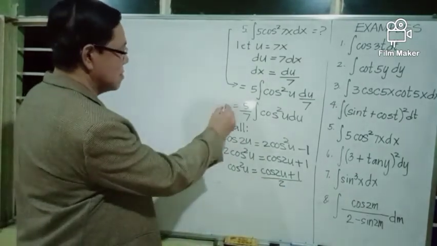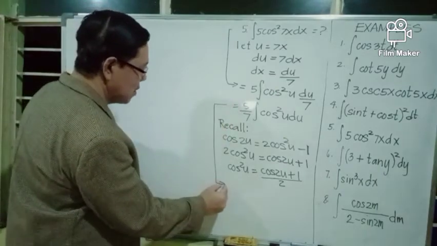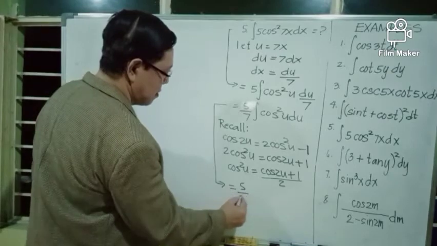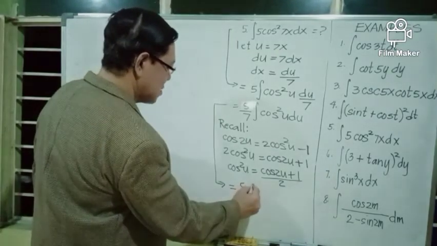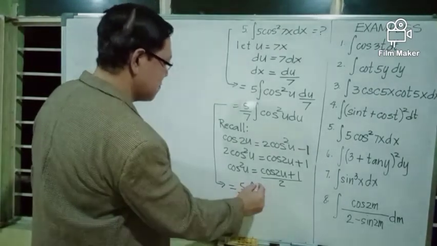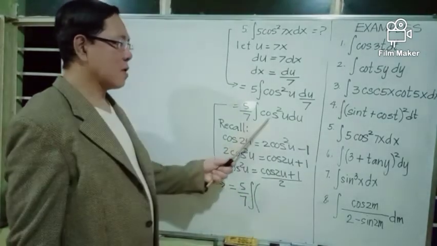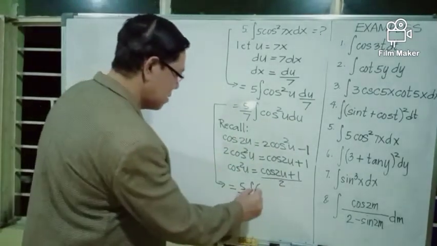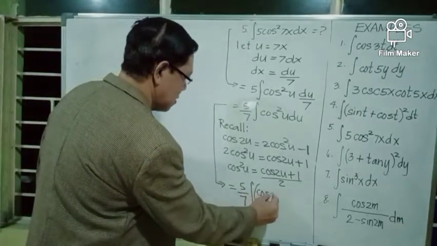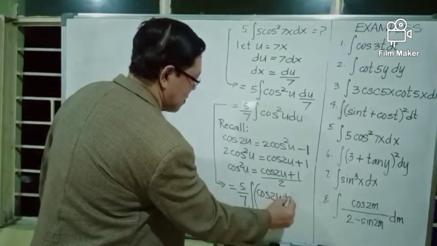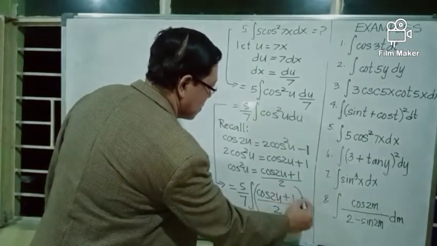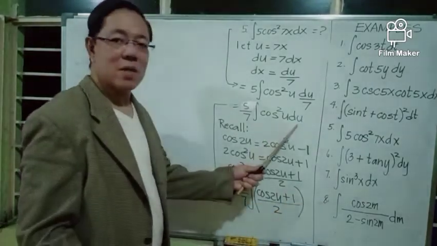And this integral is now equal to 5 over 7 times the integral of cosine 2u plus 1, all over 2, integrate with respect to u.